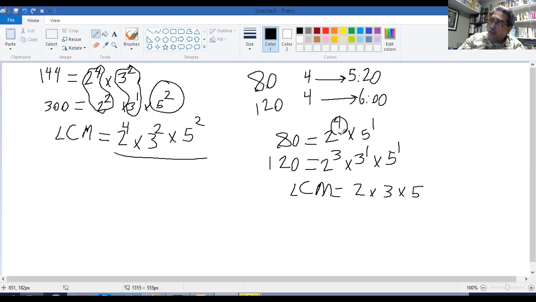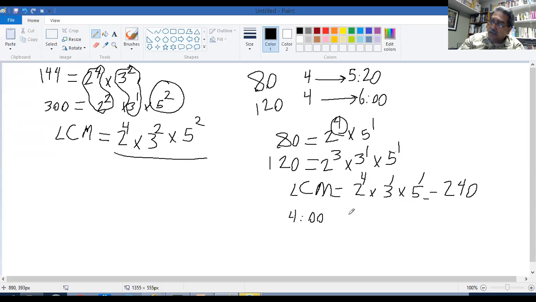So we pick 4 for 2. 3 is only 1, so 1, and 5 is 1. So this is the LCM: 2 to the power of 4, 3 to the power of 1, and 5 to the power of 1, which is 240 minutes.